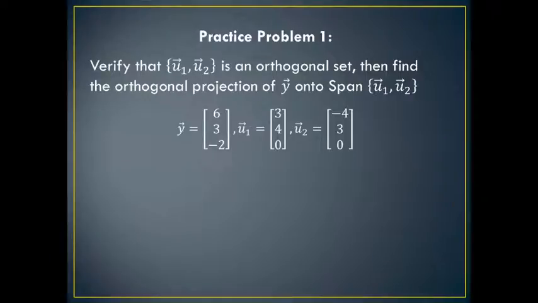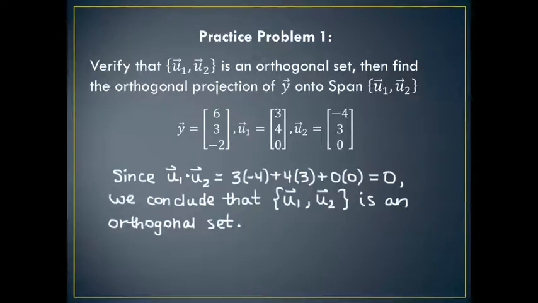And now let's do a few practice problems using the orthogonal decomposition theorem. So practice problem 1, verify that u1, u2 is an orthogonal set, then find the orthogonal projection of y onto the subspace span of u1 and u2. Here's our given y, u1, and u2.